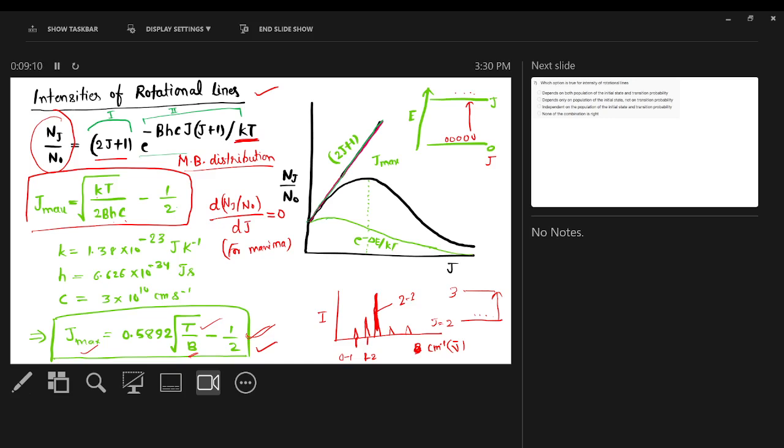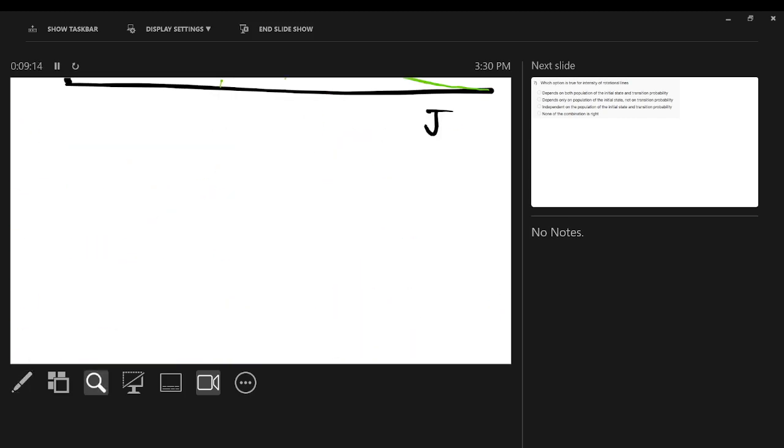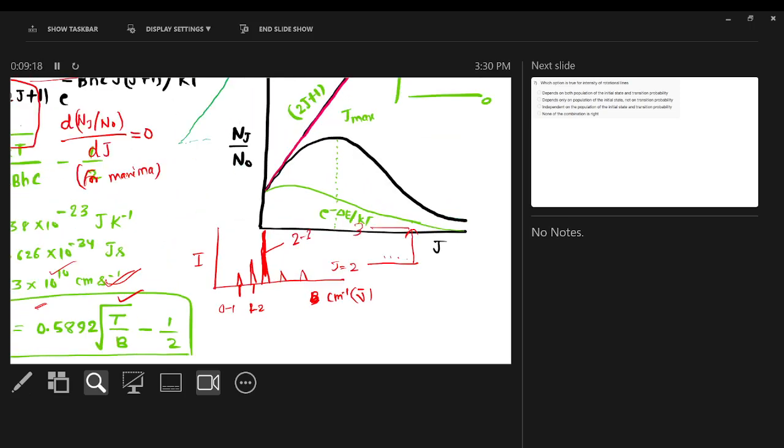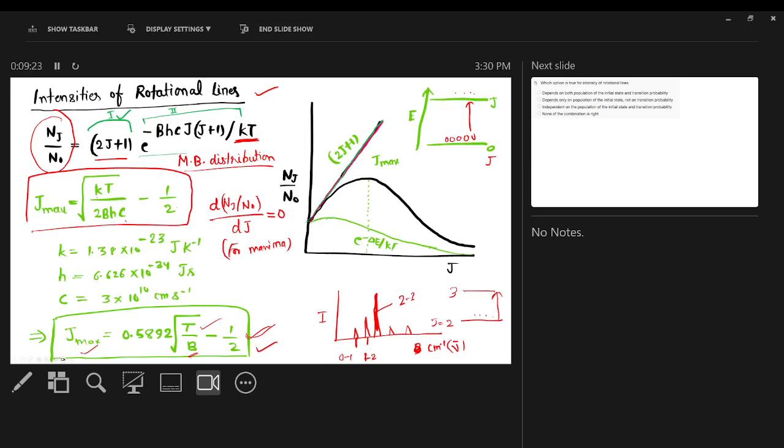Initially, term 1 will dominate, then after some jth level, this exponential term will dominate.